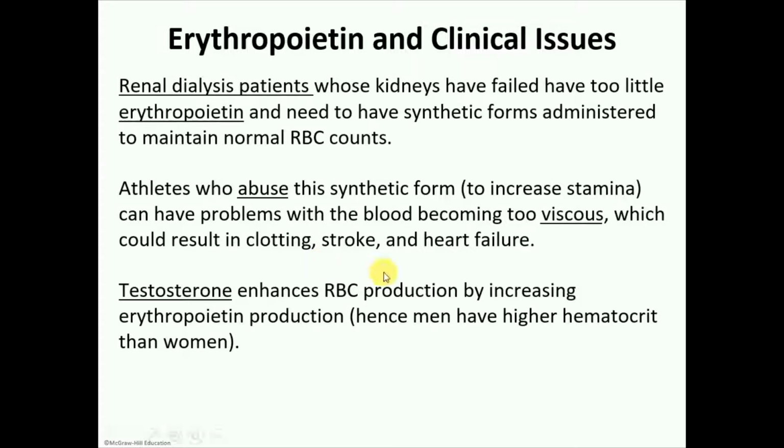But on the other hand, you're also making too many RBCs, and that's going to make the blood very thick, and they are now at a higher risk of developing blood clots, stroke, and heart failure. Testosterone increases the production of RBCs because it increases the production of erythropoietin from the kidney. And that's why men, generally speaking, have a higher hematocrit value than women do.